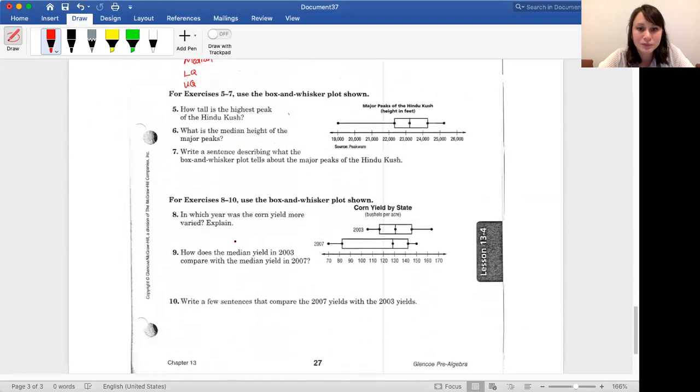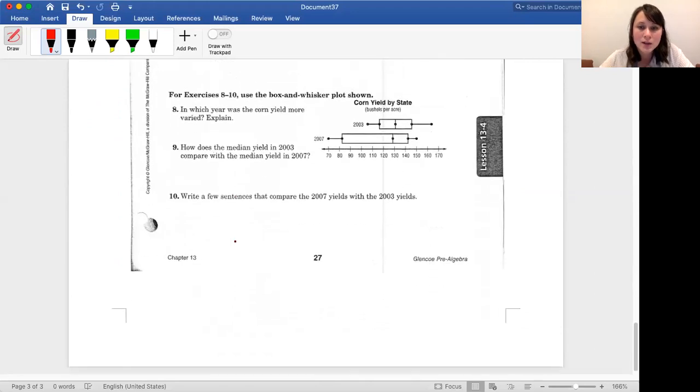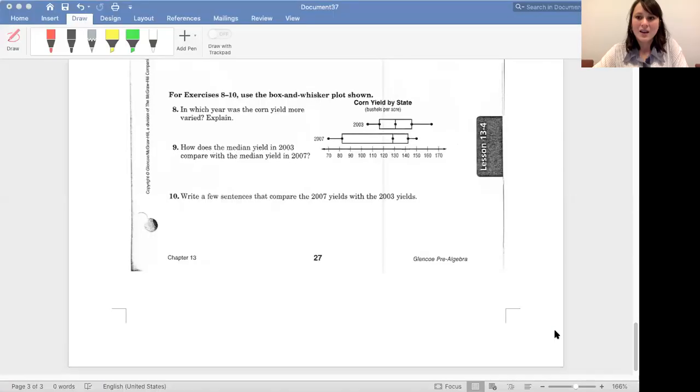So down here, we can use a box and whisker plot to compare information. So I'm going to do 8, 9, and 10 right here just to take a look at comparing information real fast. So looking at this is a box and whisker plot that describes corn yield by state. So this is 2003, and then 2007, and it's looking at how much corn the states yielded in these years.